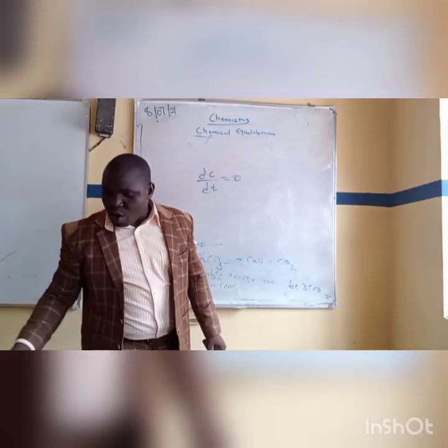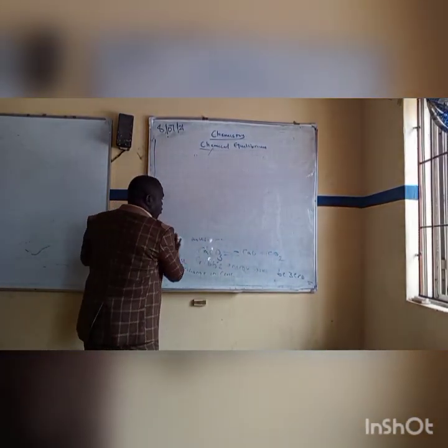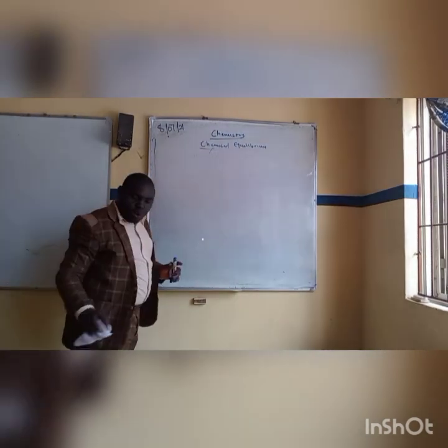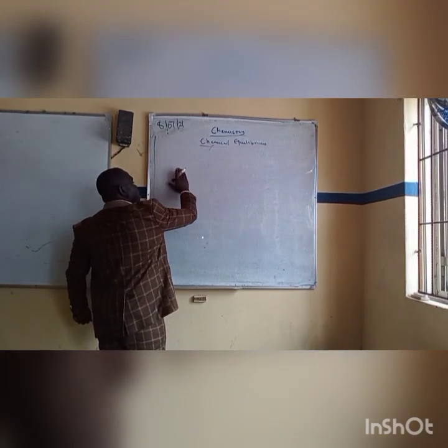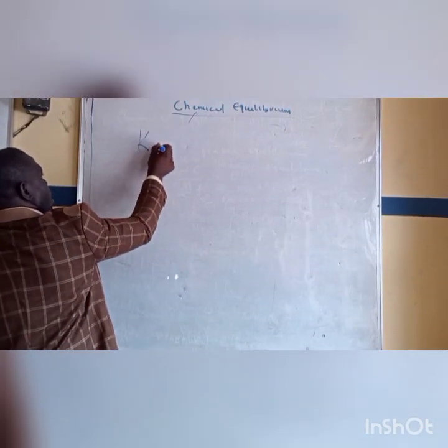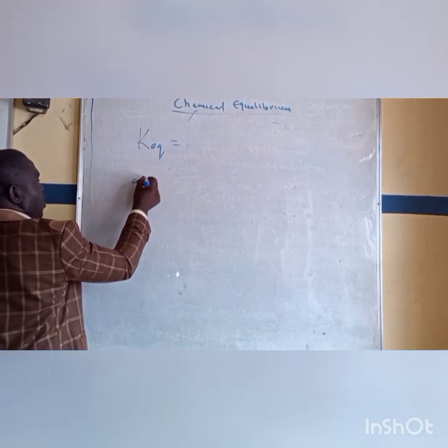Now we have what we call equilibrium constants. We have the equilibrium concentration constant and the equilibrium partial pressure constant. Chemical equilibrium constants can be expressed this way.